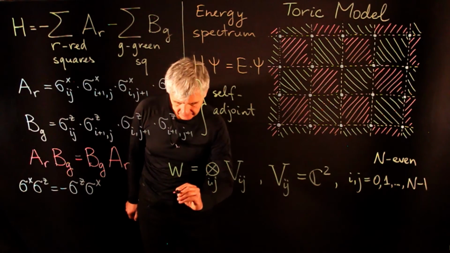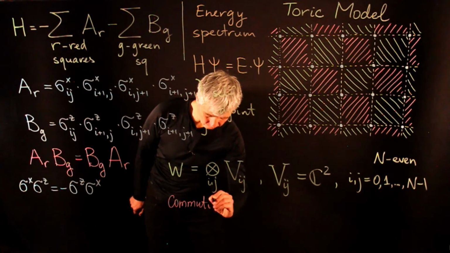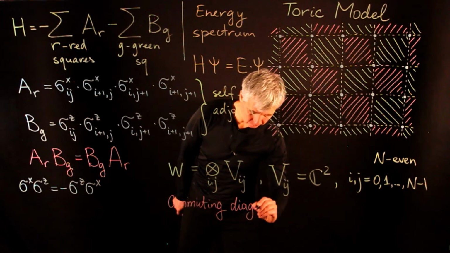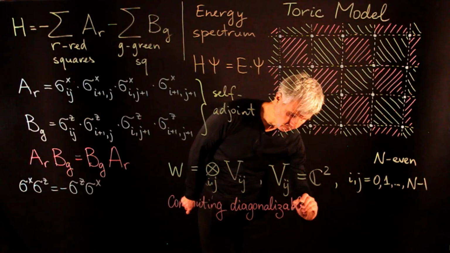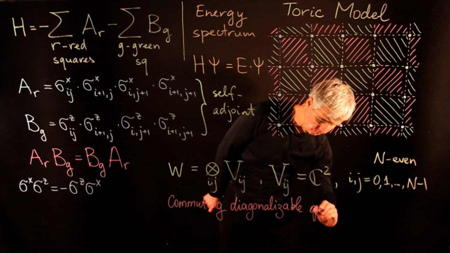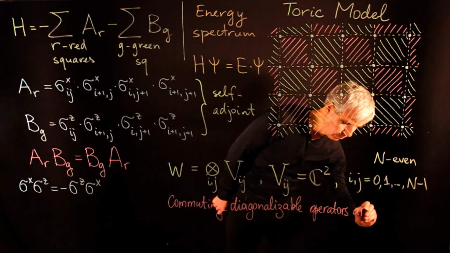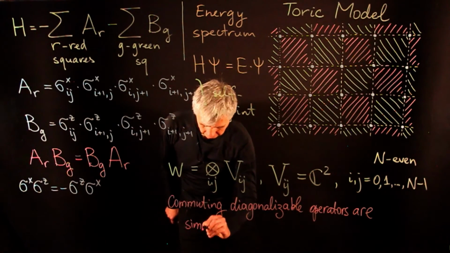Linear algebra teaches us that commuting diagonalizable operators are simultaneously diagonalizable.